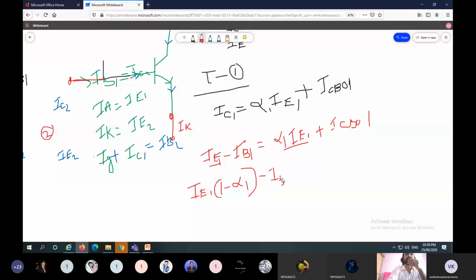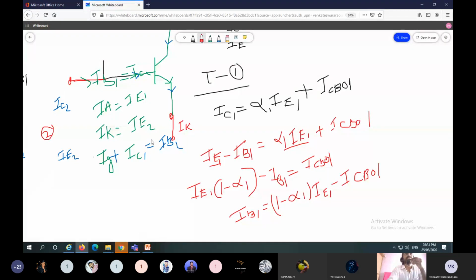This one is IB1, ICBO1. From that, IB1 equal to 1 minus alpha 1 into IE1 minus ICBO1.